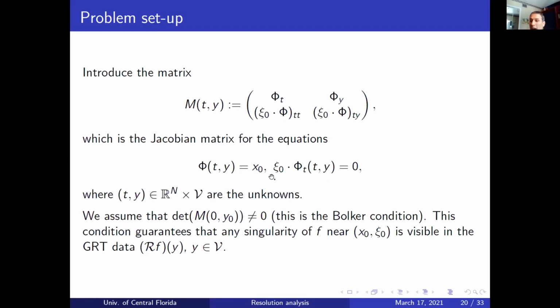And of course, by assumption, we know that the pair t equals 0 and y equals y naught solves this system. We assume that the determinant of M is non-zero, which is a local Bolker condition. And this condition guarantees that any singularity of f microlocally near x naught, xi naught is visible from the data in the neighborhood of y naught.